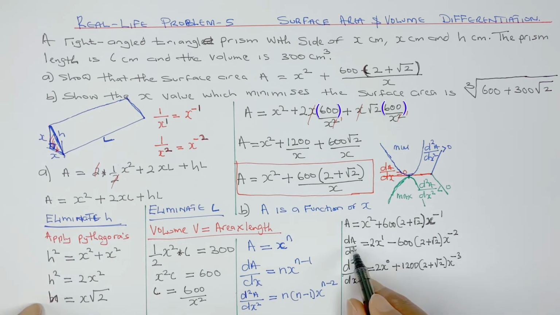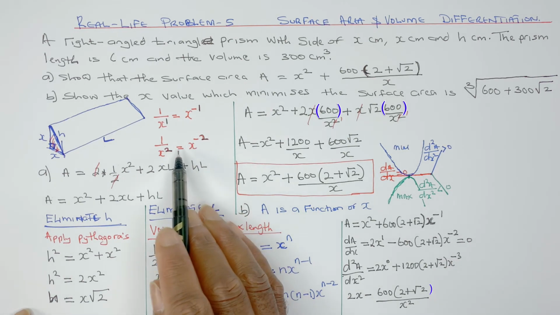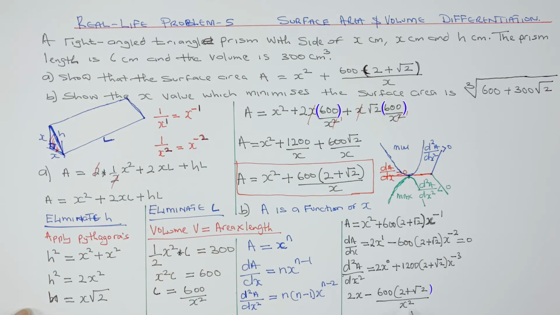With the first derivative, we need to set that to 0. So we have 2x minus 600 open bracket 2 plus root 2 close bracket over x squared, and I've converted that because x to the power minus 2 is 1 over x squared, equal to 0.